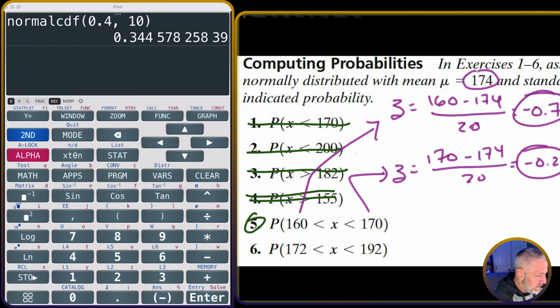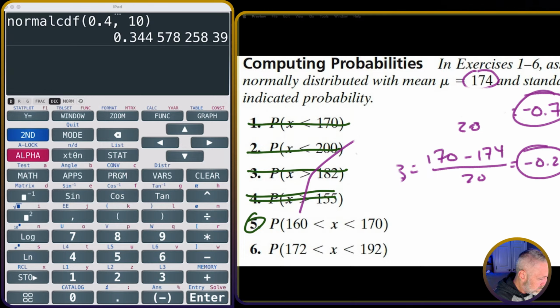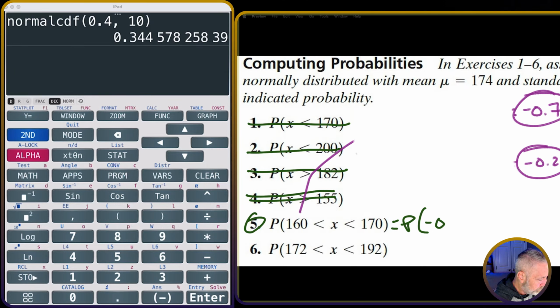So it's going to look like this. What is the probability my z-score falls between negative 0.7 and negative 0.2? We're good. Okay, so to the calculator I go.